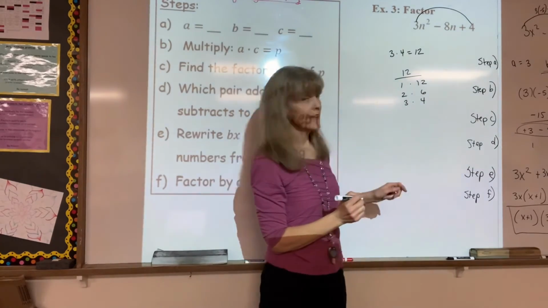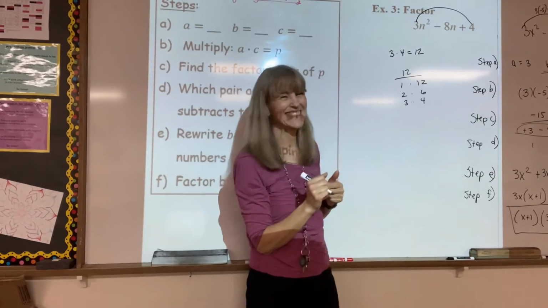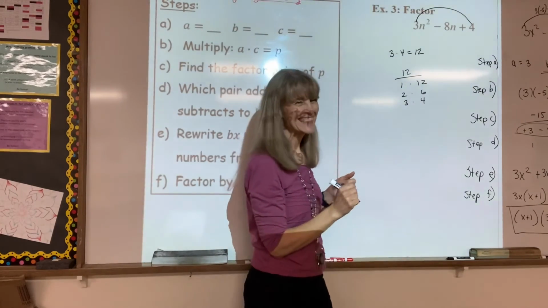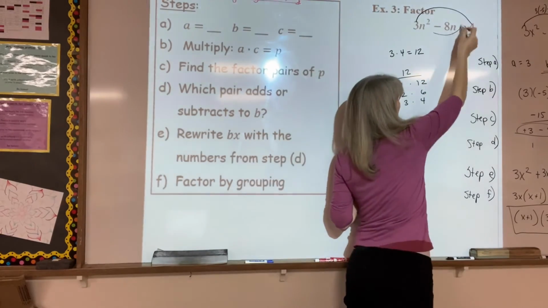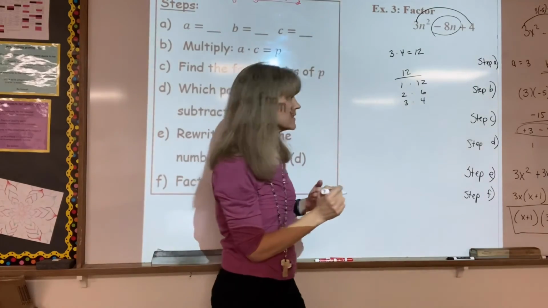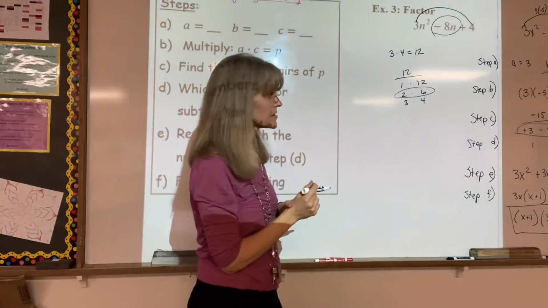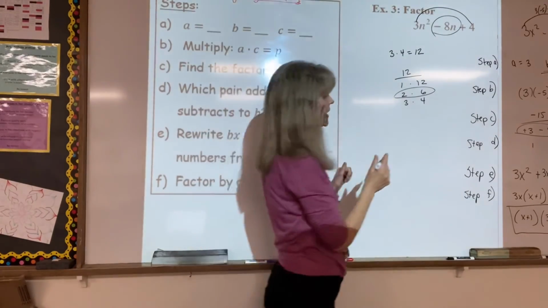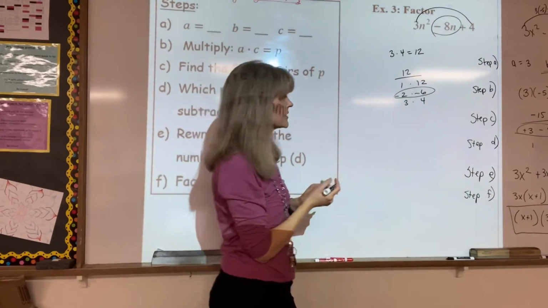Then I want to find the two that add or subtract to that negative 8. I could get a negative 8 with a 2 and with a 6. I'm going to have to make them both negatives to add up to a negative 8.